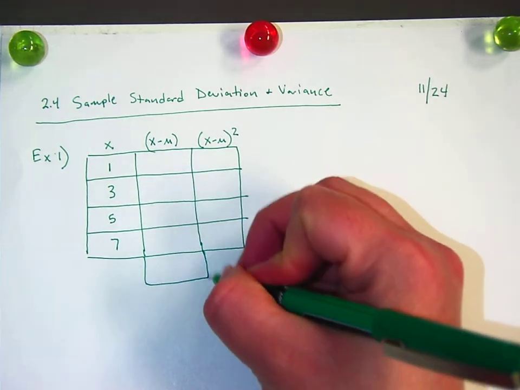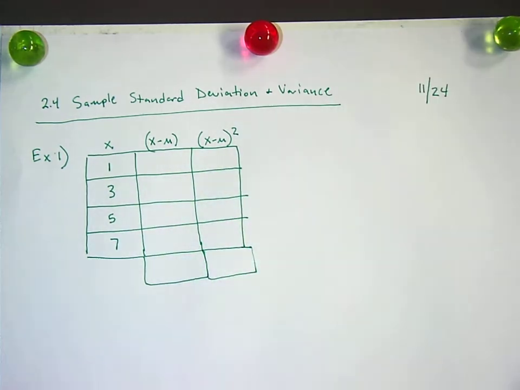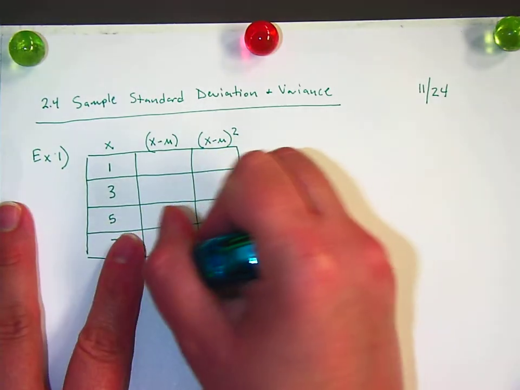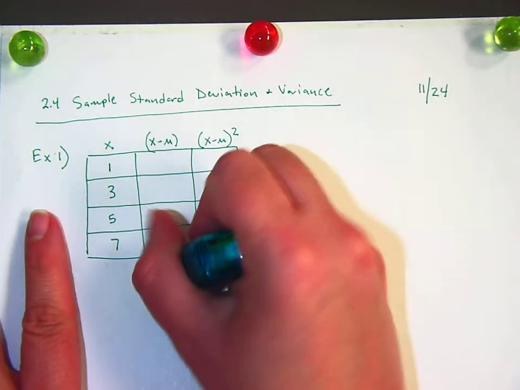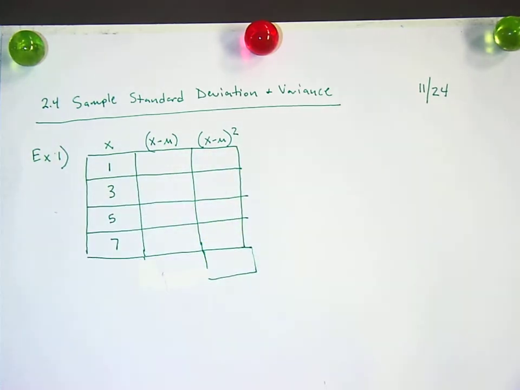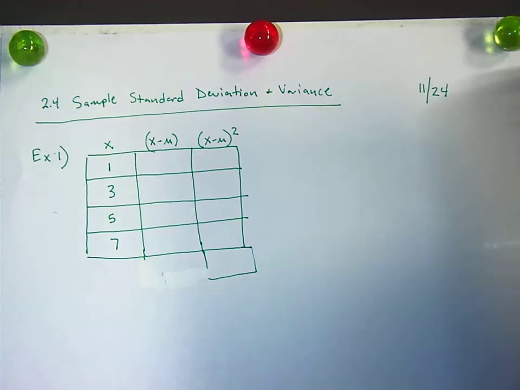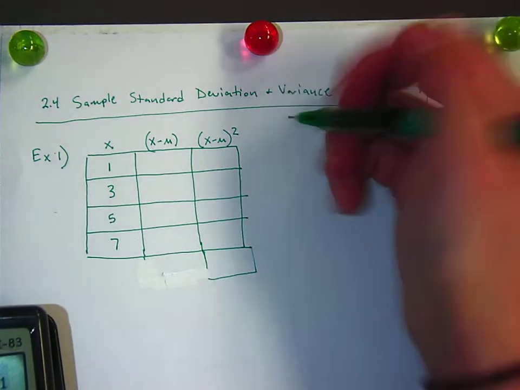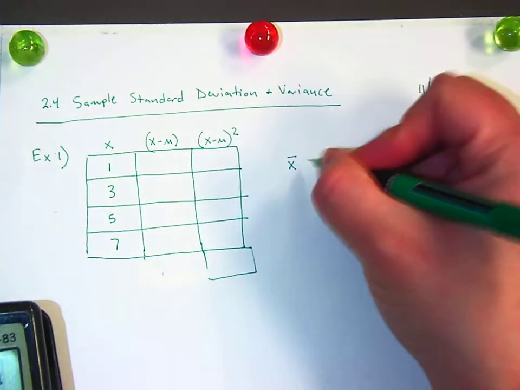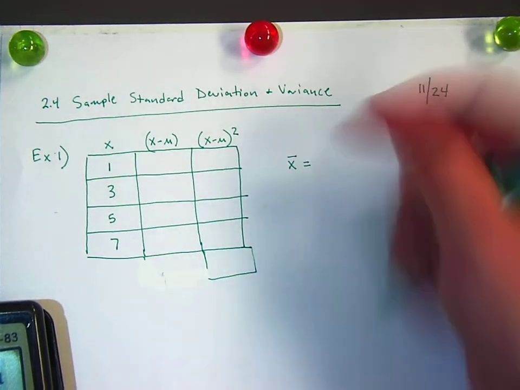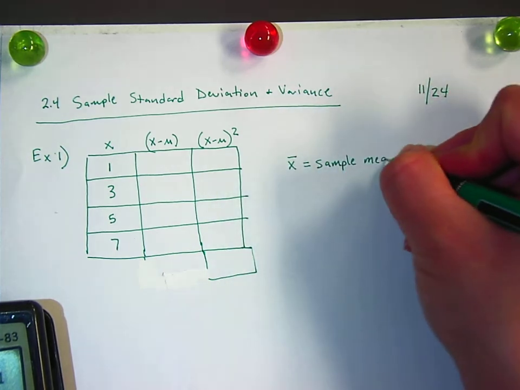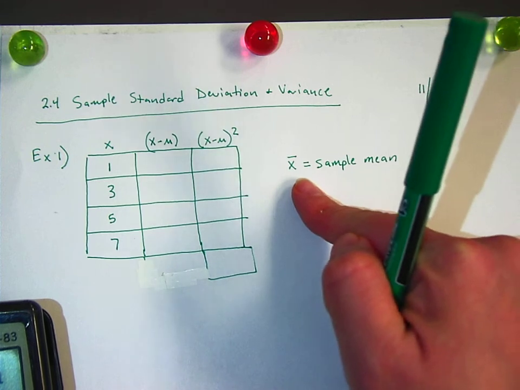Okay, actually it's this one I think we add up. Make sure you have your paper set up like I have it set up. Okay, so first we're going to have to find the average, and finding a sample average is just the same as finding a population average, but a sample mean looks like this, and it's called X bar. There's no difference in how you find a sample mean and a population mean, which is mu.